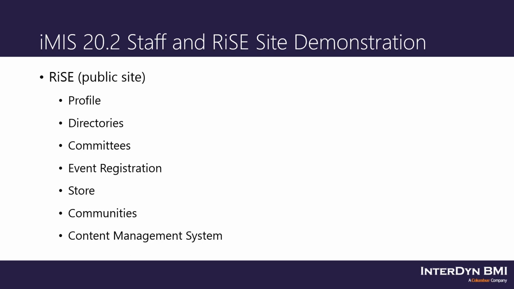Whether that's content or they want to manage their profile or look at a directory, look at committee information, register for events, purchase a product in your store, use communities, which is the whole social networking, and that would be like blogs and announcements and even a resource library.